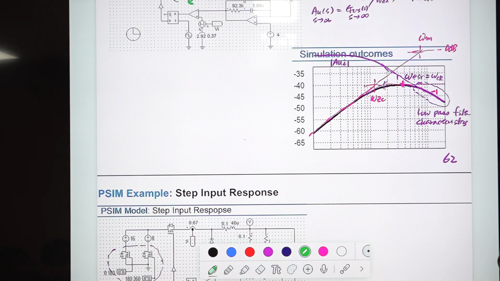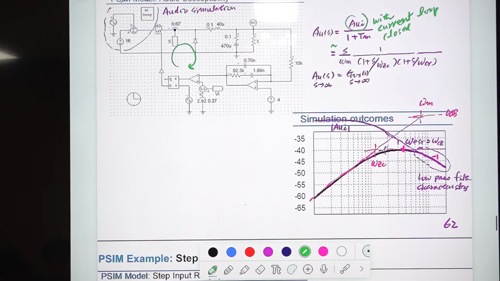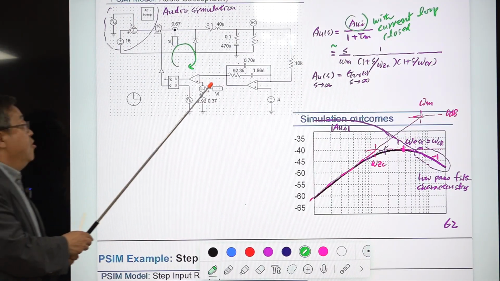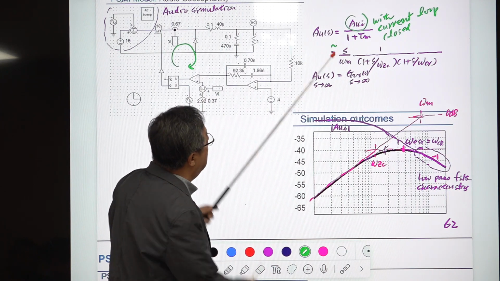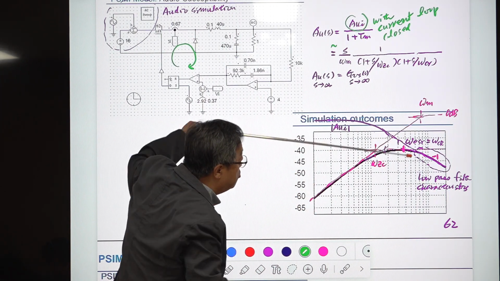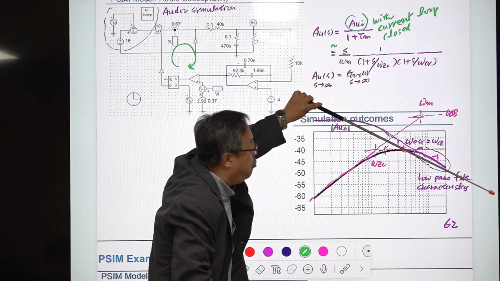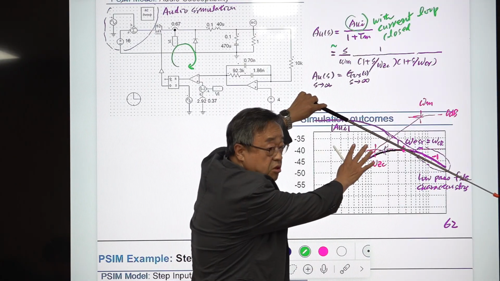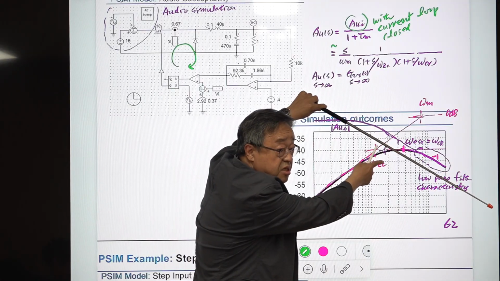At high frequencies, everything reduces to the open loop transfer function. The current loop disappears. So this has a -1 slope, and that changes the equation a little bit. For the output impedance, you have only these two terms, but you have another term here because of this low pass filter characteristic at high frequencies.